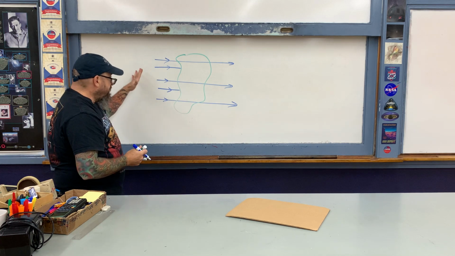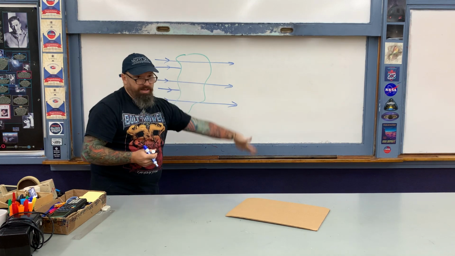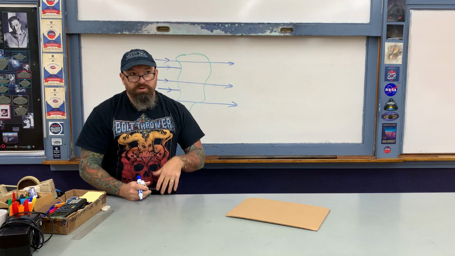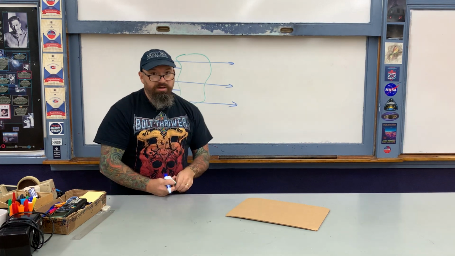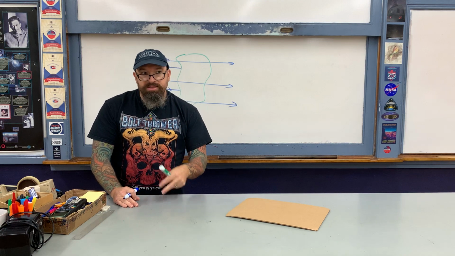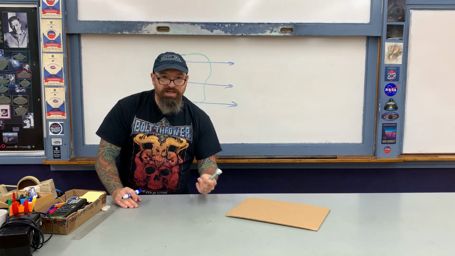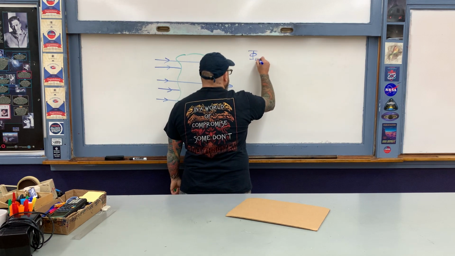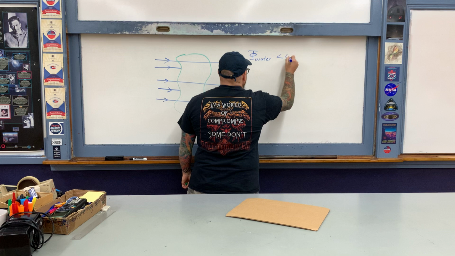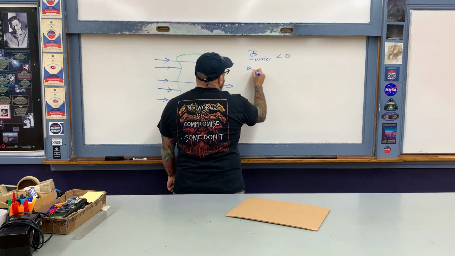So I have more lines going into the area than coming out. So some of the water is disappearing, if you will, from somewhere within this area. This is just generically referred to as a sink, like a drain, for example, or something like that in the context of water. So in this case, the water flux would be a negative number.